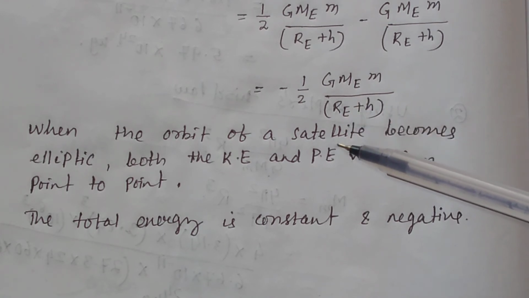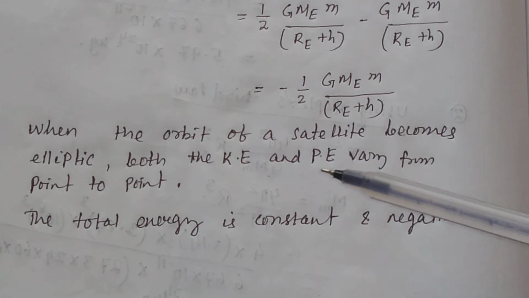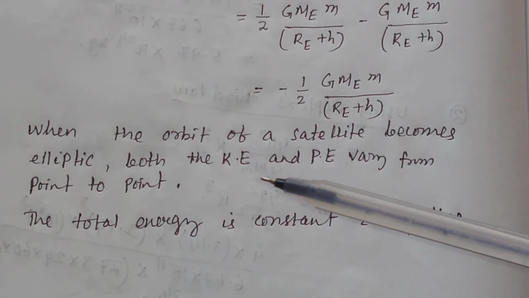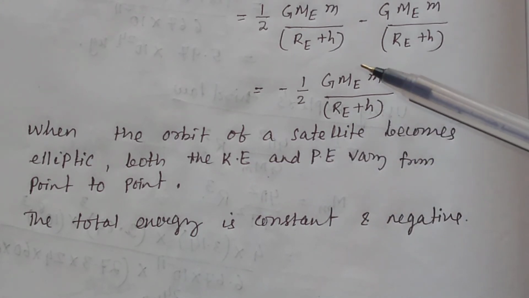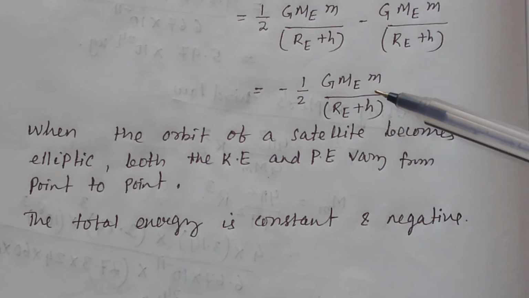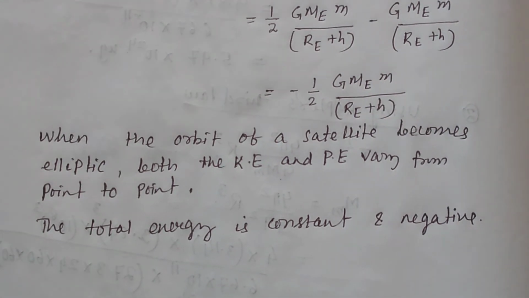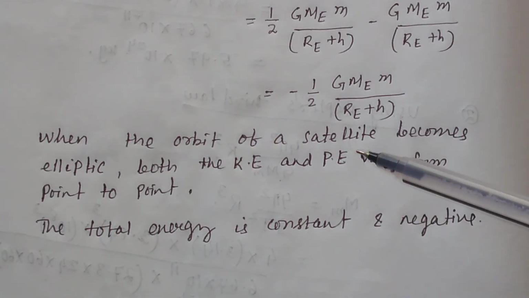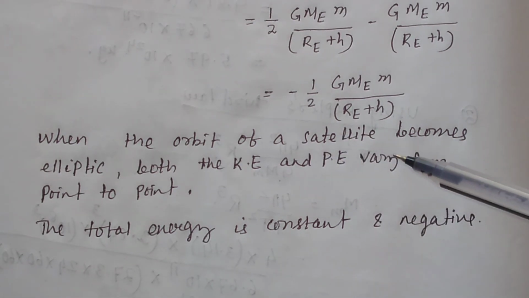When the orbit of a satellite becomes elliptic, both the kinetic energy and potential energy vary from point to point, but the total energy is constant and negative. And since the total energy is negative, we prove that the satellite is bound to the bigger body.